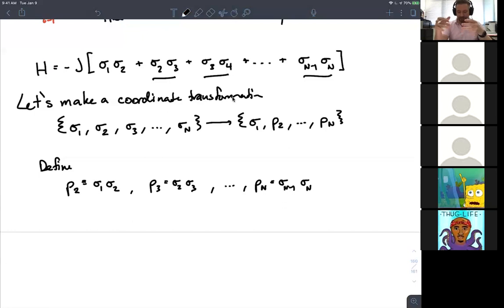Now, think about what these variables look like. Again, the sigmas can only take on a value of either plus or minus 1, right? So if the spins are both pointing in the same direction, for example, sigma 2 and sigma 3 are both pointing up, so they're both plus 1, then P3 will be equal to plus 1.